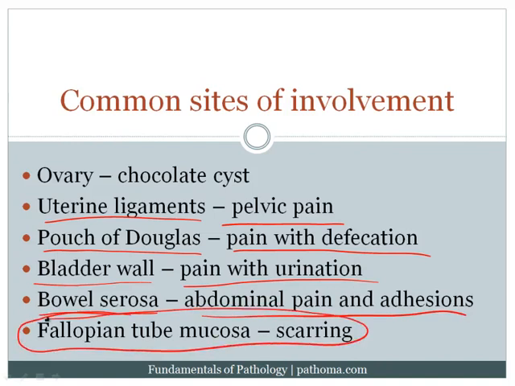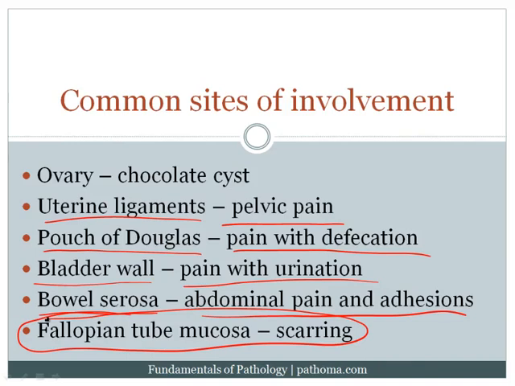If you involve the fallopian tube with endometriosis, you're going to get some damage and scarring, and that scarring could prohibit the egg from being able to move to the uterine cavity. That's going to increase the risk of infertility, and it's also going to increase the risk of ectopic tubal pregnancy, i.e. the implantation of the fertilized ovum into a place other than the uterine wall.